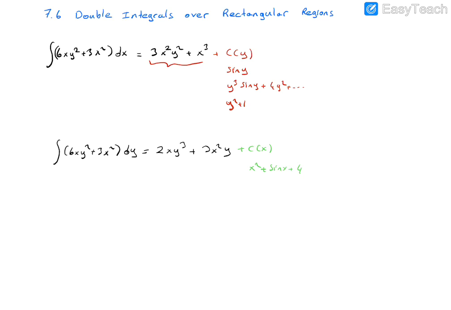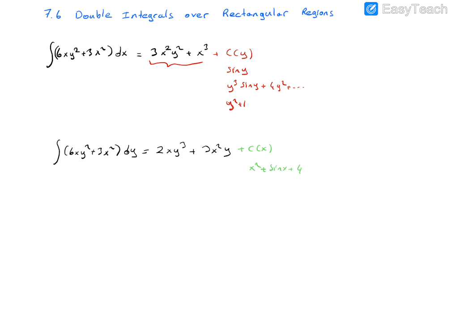So the result of the integral with respect to x or y is a function of x and y. Thus, this operation is the reverse operation of partial differentiation, just as ordinary anti-differentiation is the reverse operation of ordinary differentiation.